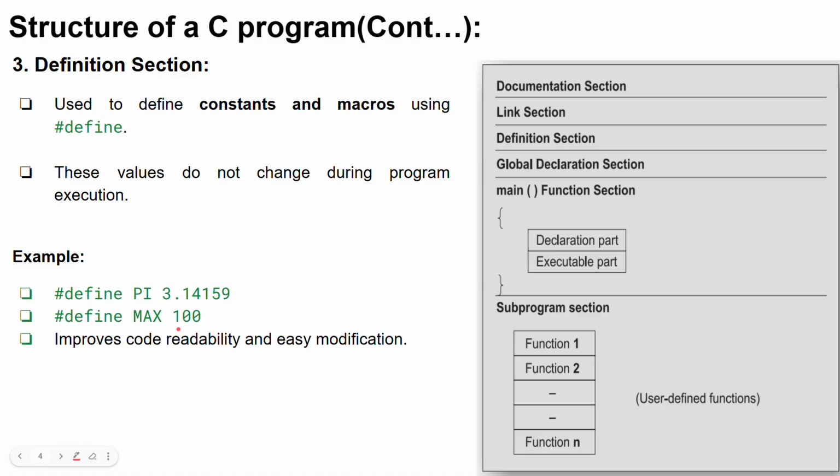Next we have the definition section. You can see the third section is the definition section. The name itself indicates we are defining something. Suppose I have the value 3.14159 that I want to use in the main function many times.